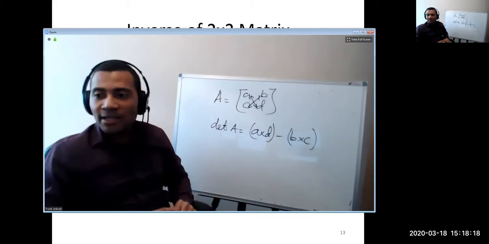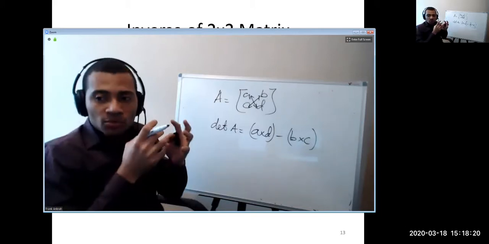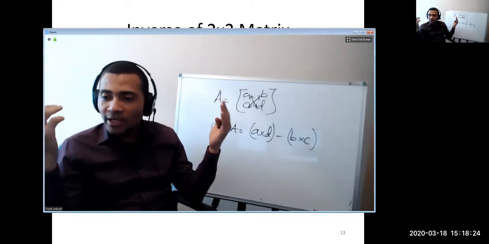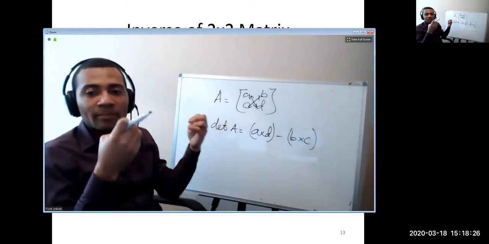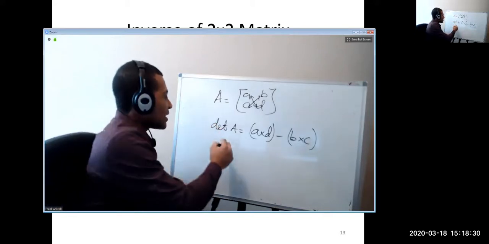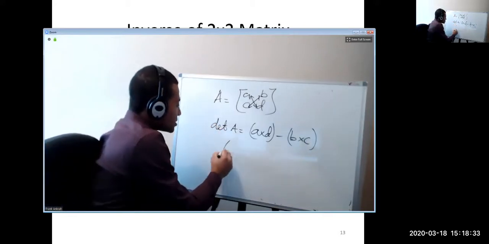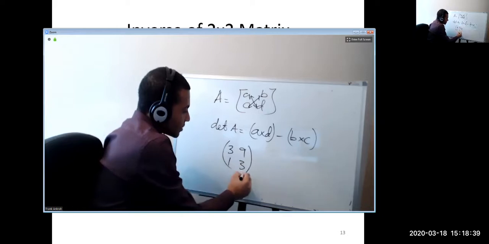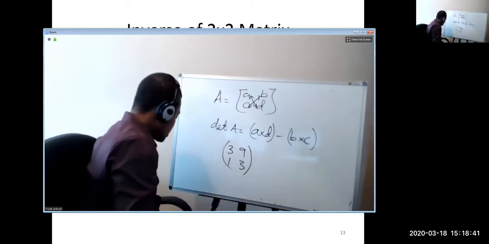The next thing for you to know is that if the determinant is equal to 0, then A is called a singular matrix. An example is this: say you have 3, 9, 1, 3, a matrix of this nature.